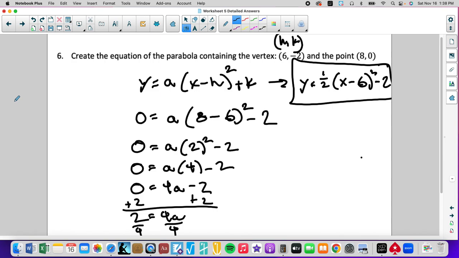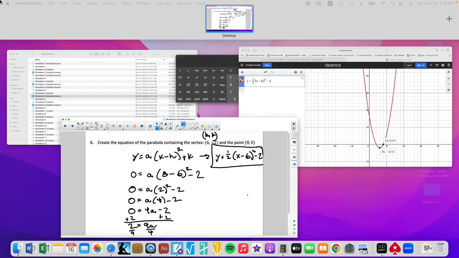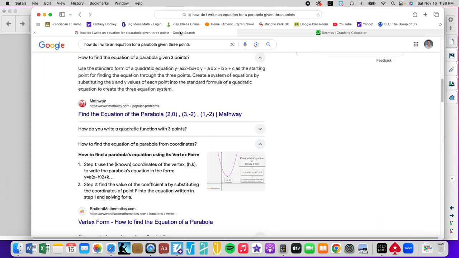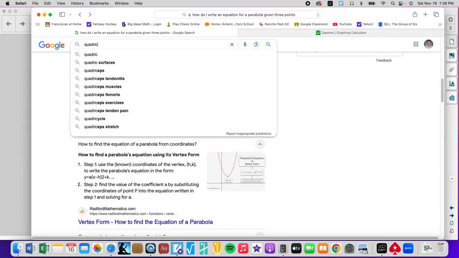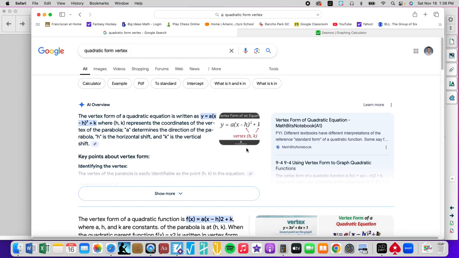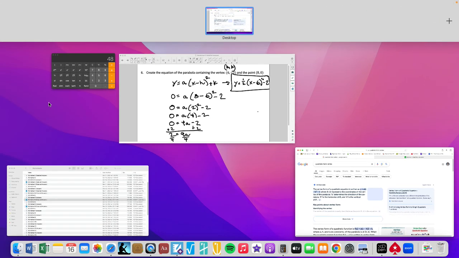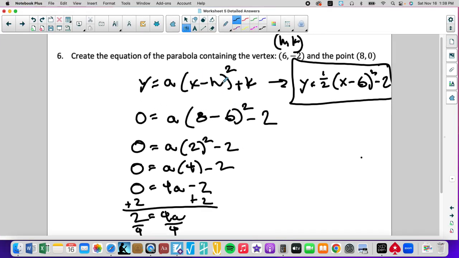All right, well, that wasn't very efficient, but that is my vertex form for a quadratic equation. Let's look here at quadratic vertex form. Yeah, it is minus h, positive k. My bad, sorry about that.